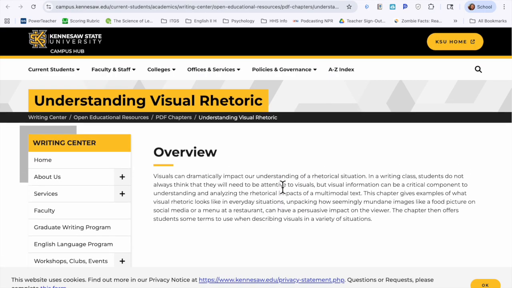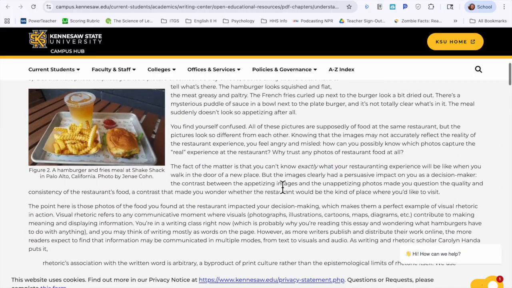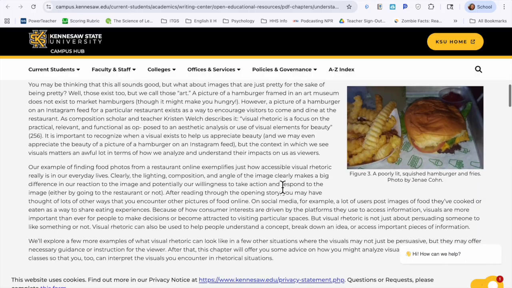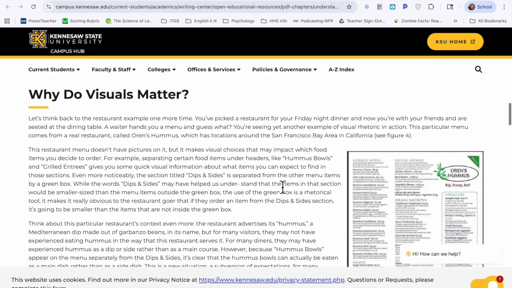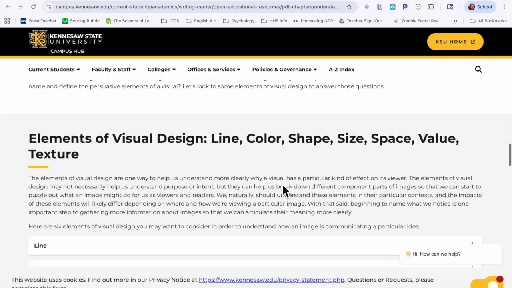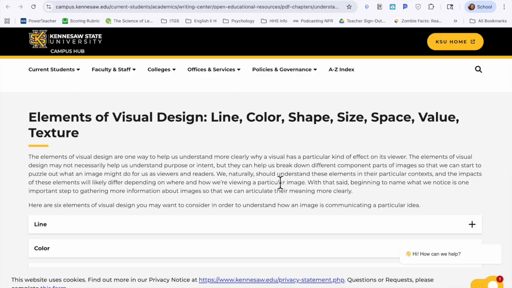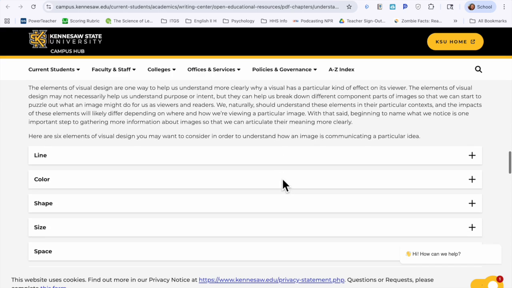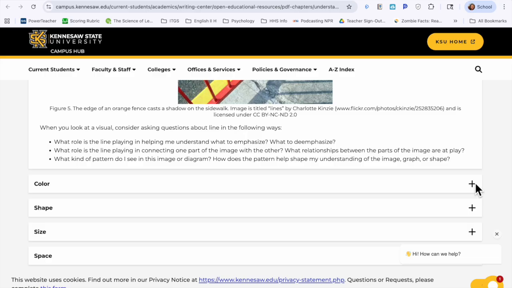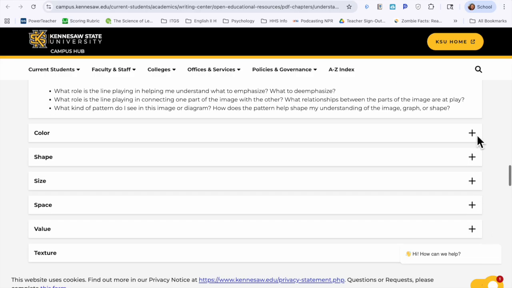Let's go back here. And you have access to all of these. So the elements of the visual design. This is also interesting because it gives you some things to think about and look for as you are paying attention to the visual that you're looking at. Visuals are very specific. They give us key information in a very short amount of time. And what I really liked about this link was that it gave us specific things to look for. Why are there lines, what is the role of it?